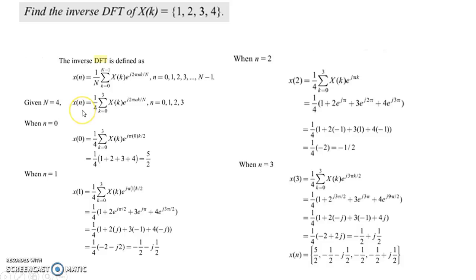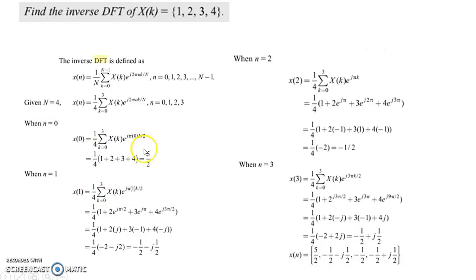Now here the output has to be found in terms of n, and n is again 4, and we consider the values of n as 0, 1, 2 and 3, which is fixed, and now the summation is ranging from 0 to 3, and as an overall parameter we have 1 by n, which is equivalent to 1 by 4, as n is equal to 4.